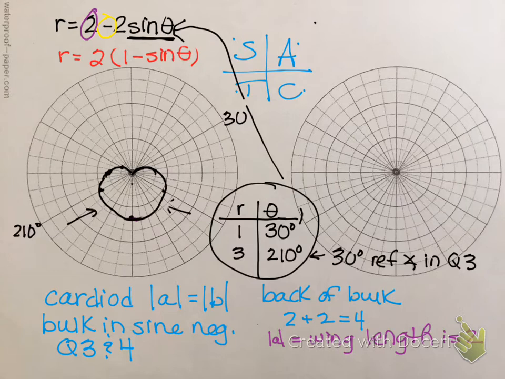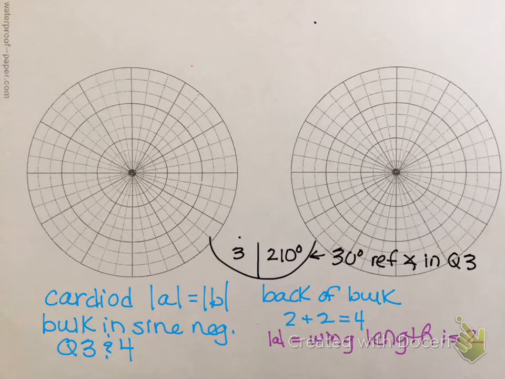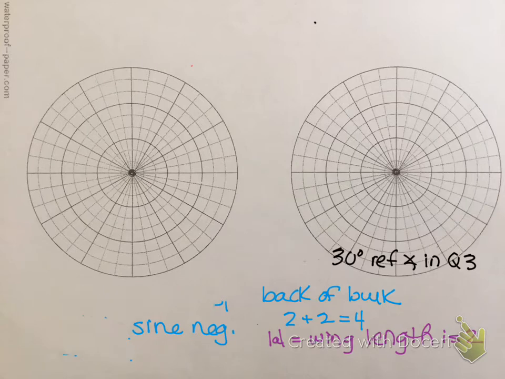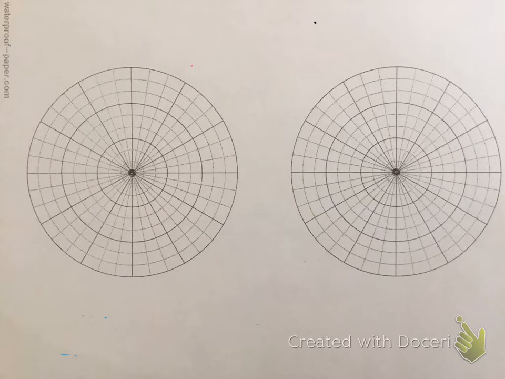All right, let's look at our next equation. So flip back to page 1 of your lecture notes, and you will see that that equation is 3 plus cosine theta. R is equal to 3 plus cosine theta.